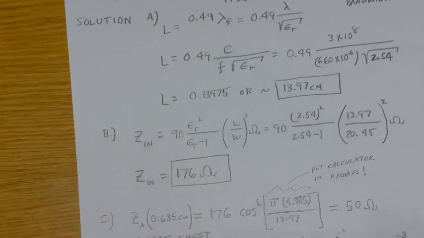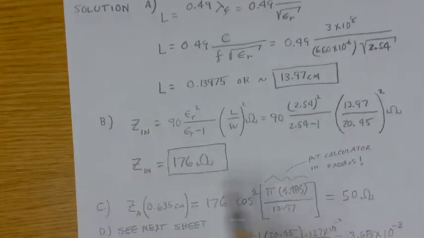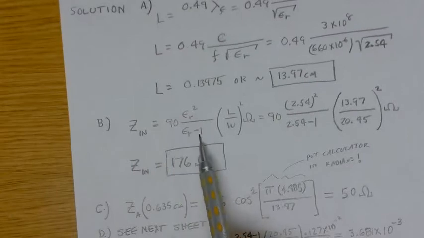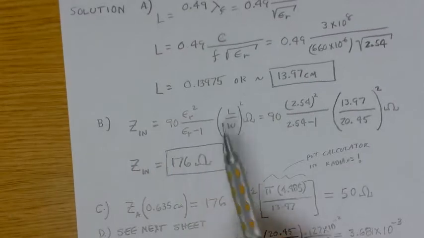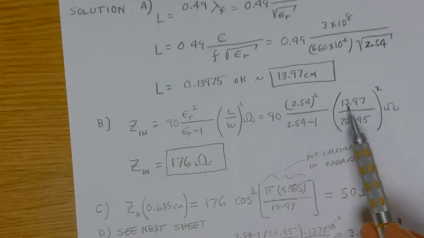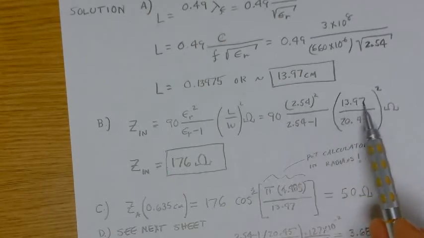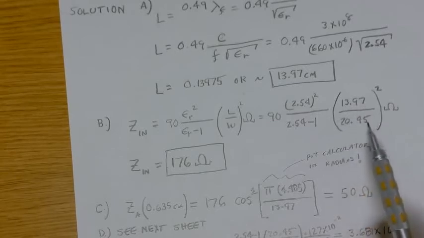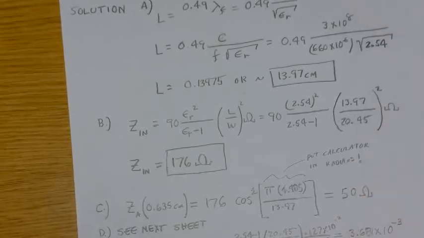Okay, 90 epsilon relative squared over epsilon relative minus 1 times length over width squared. 90, 2.54 squared, 2.54 minus 1. It's 13.97 centimeters long and 20.45 centimeters wide. That was given. So that gives us 176 ohms. Right. So looking into our patch, we see 176 ohms.